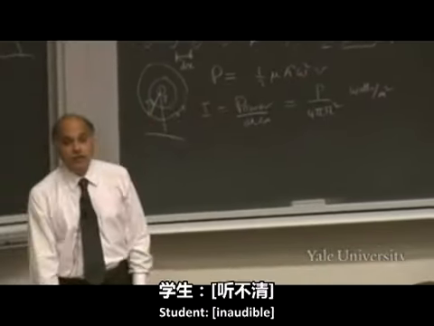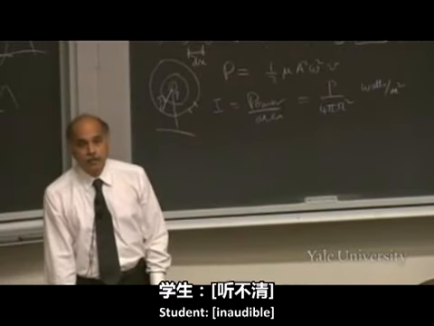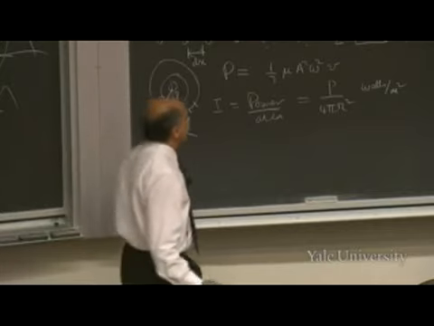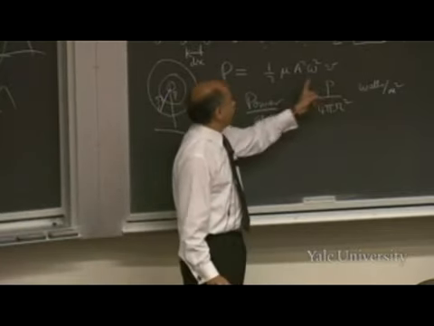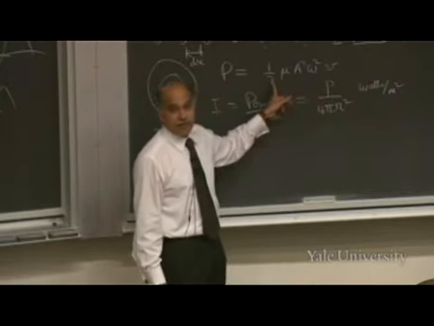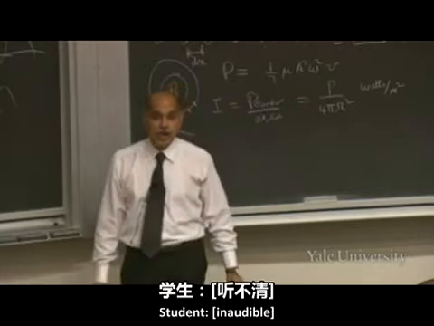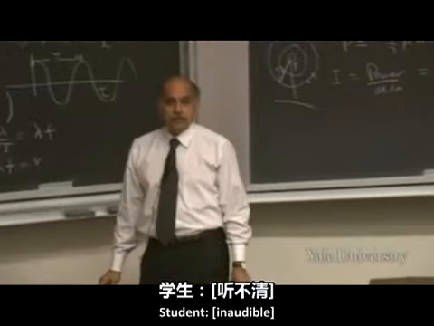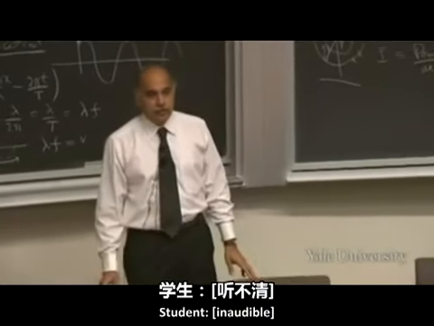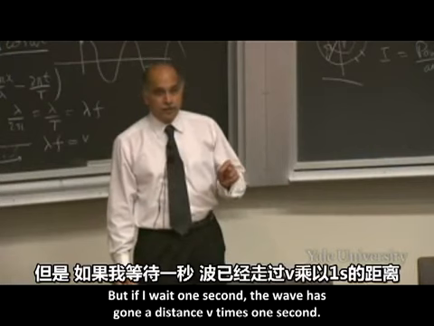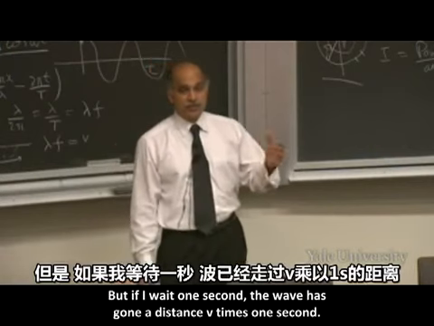Yes? The P equals half mu a squared omega squared v, does that require a T at the end? This one? What else do you think it should have? Should have a T at the end? T for time period? Why? Just because that's energy per length, and you're multiplying by... It's energy per length, but if I wait 1 second, the wave has gone a distance v times 1 second.